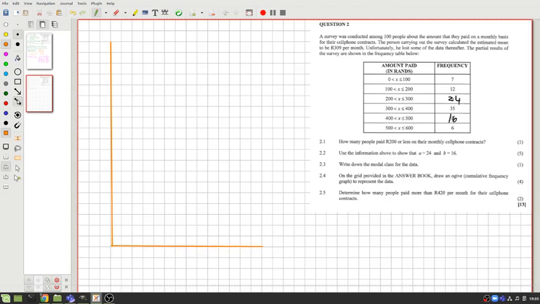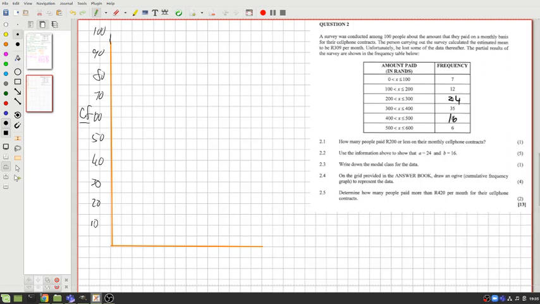Okay, let's fill in our values. I'm going to write in black for this. So over here we have our cumulative frequency on the side. So it has to go from 0 to 100, which is the total frequency. So it's 10, 20, 30, 40, 50, 60, 70, 80, 90, and 100.